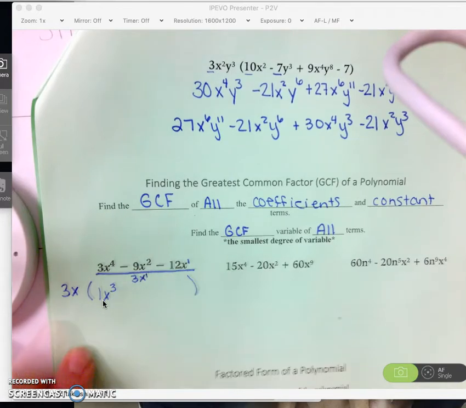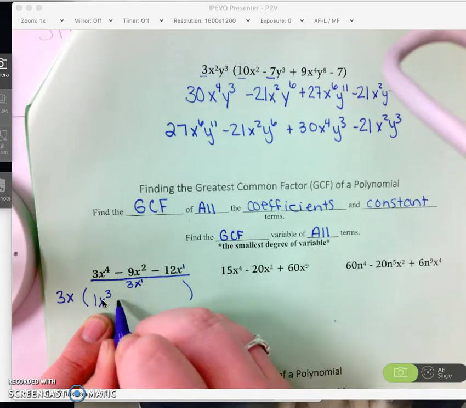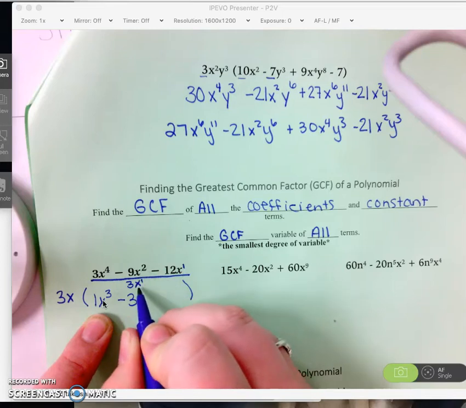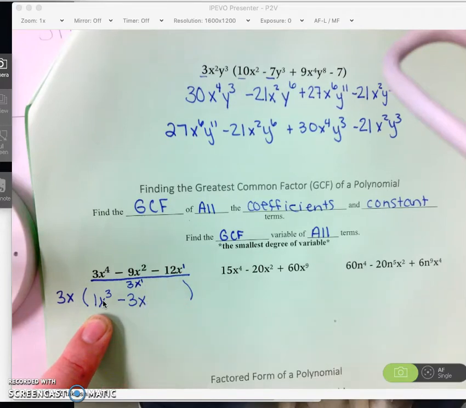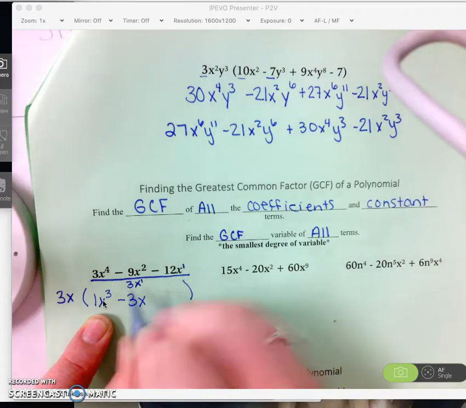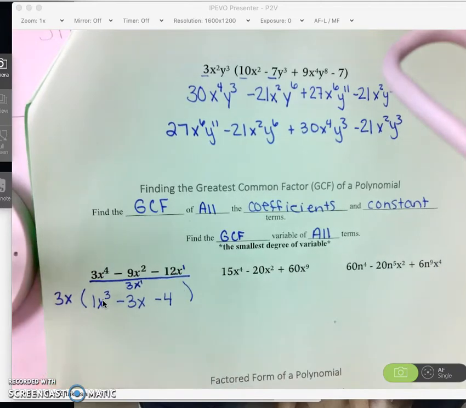So I'm left with 1x to the third. Negative 9 divided by 3 is a negative 3. x to the second divided by x becomes just x to the first, because 2 minus 1. Negative 12 divided by 3 is a negative 4, and then x to the first divided by x to the first is just x.